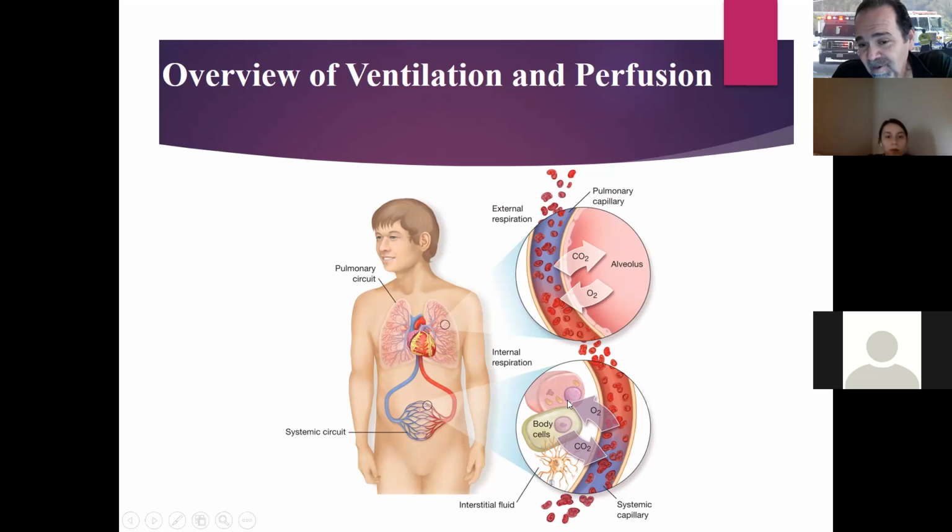The tissues utilize the oxygen they received from the red blood cells, and they return CO2. There are higher concentrations of CO2 in the cell and lower in the bloodstream, and now the bloodstream itself is going to receive deoxygenated blood.